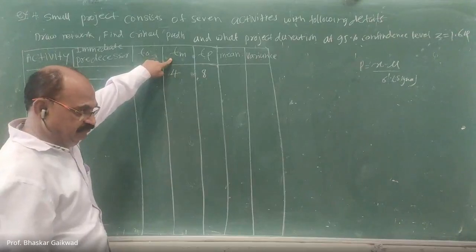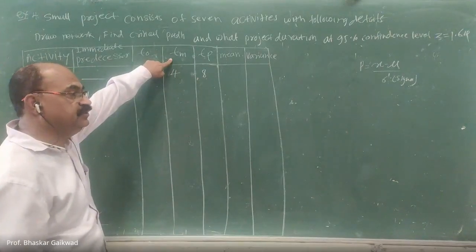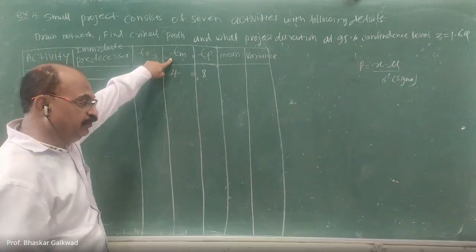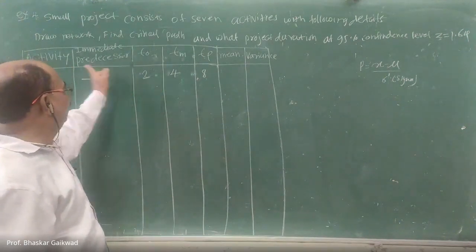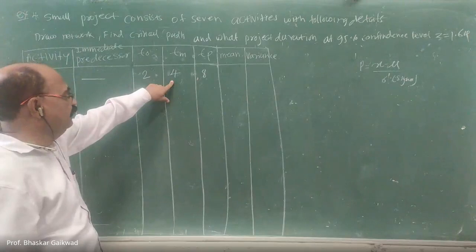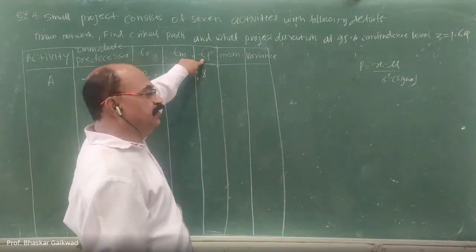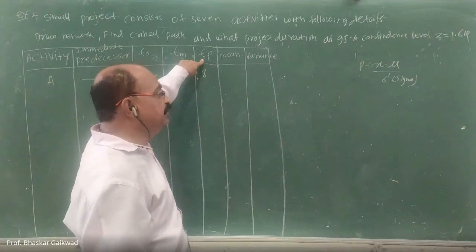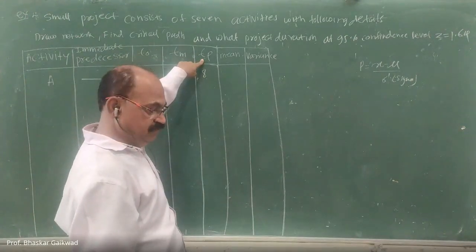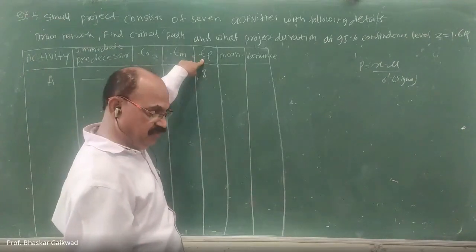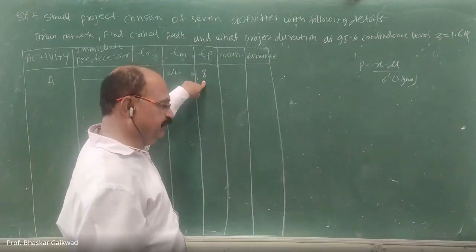Most likely means conditions are neither bad nor good, in between, and the activity will complete in time 4. Then pessimistic, every condition is against us, we only have to hope, it depends upon the future. So that time is 8.